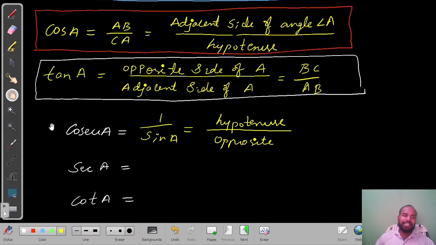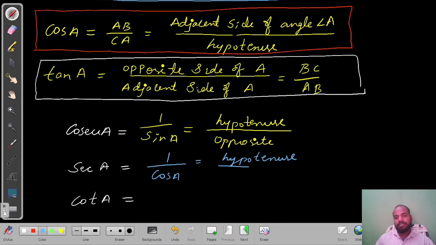What is sec A? Sec A is very easy. 1 by cos A. What is 1 by cos A? It is nothing but the reverse of cos A, that is hypotenuse by adjacent.